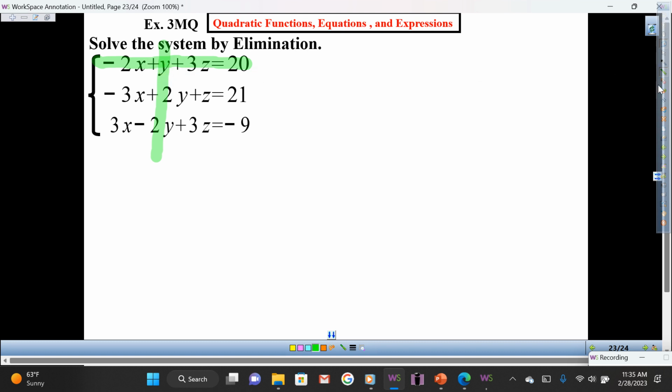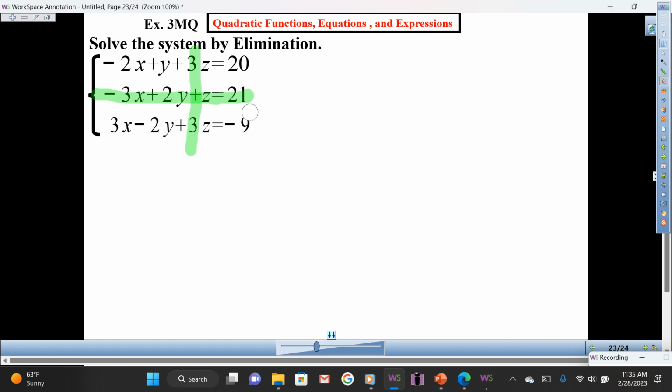Okay, not bad. Let's look at the z's. Can we eliminate the z's? No, unless I do what? Multiply this one times what? Negative 3. So here you need to make a decision.